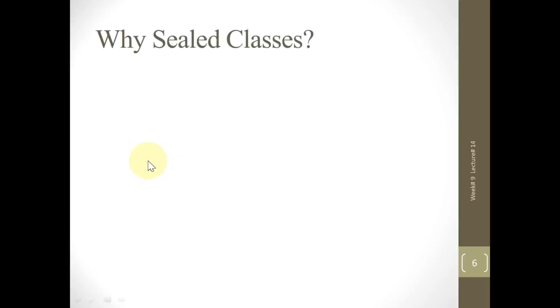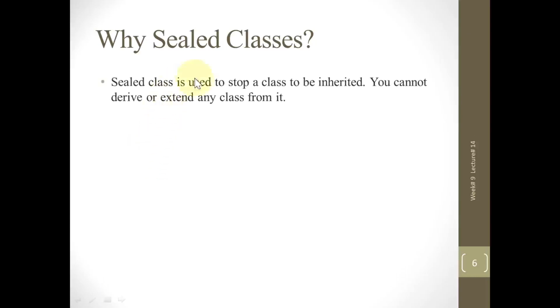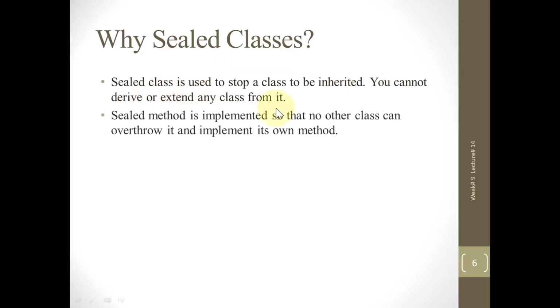So why sealed classes? Sealed classes are used to stop a class from being inherited. You cannot derive or extend any class from it. A sealed method is implemented so that no other class can override it and implement its own method.